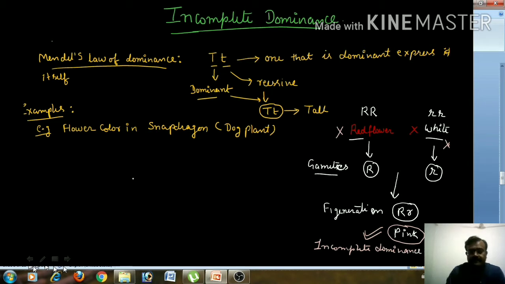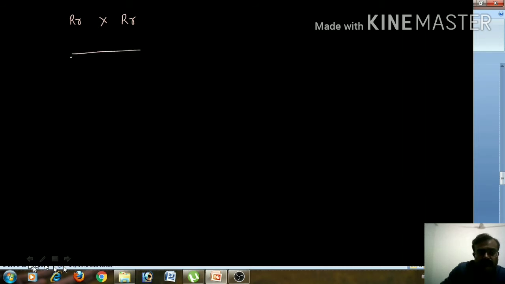Now, if we cross, let's see in F2 generation. For F2 generation, if the F1 capital R small r was crossed with capital R small r, so what would we get?